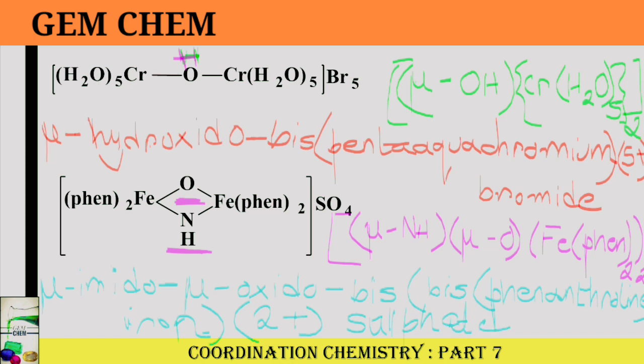So the full name comes to be mu imido, mu oxido, bis phenanthroline, iron 2 plus sulfate.